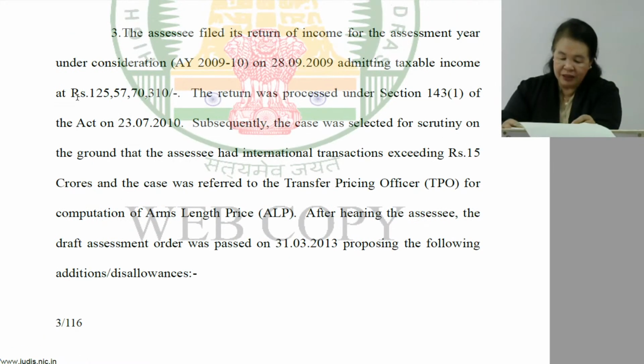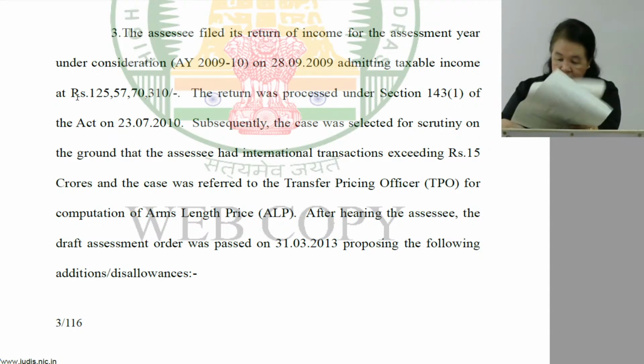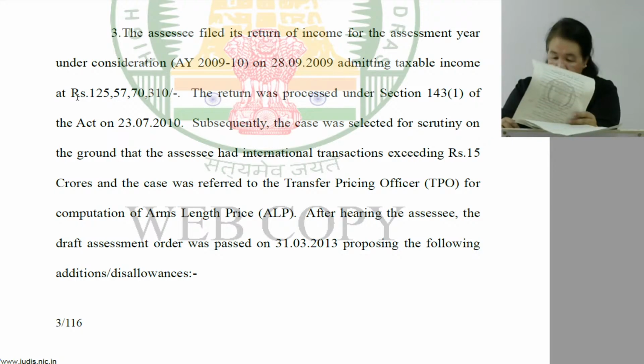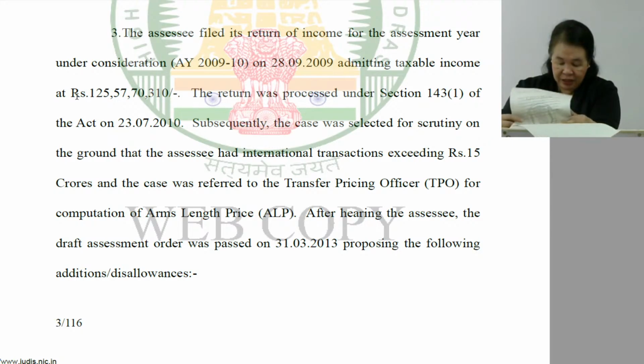The assessee filed its return of income for the assessment year under consideration, 2009-2010, admitting taxable income of 125 crore, 57,70,310. Iba tong pera ng India, dali lang.